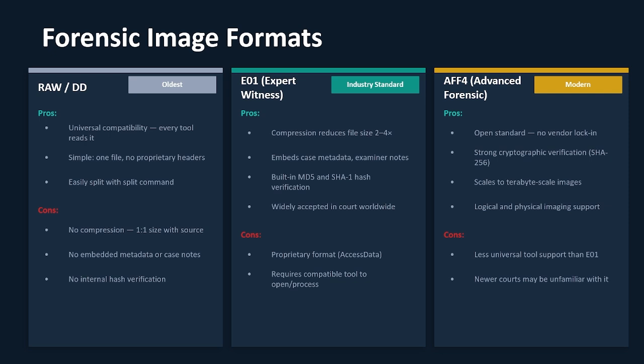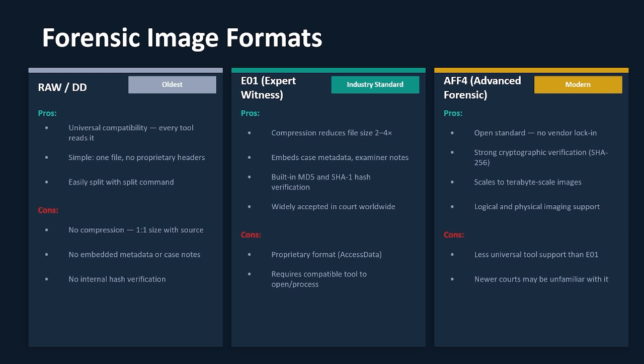There's a GitHub repo which has repositories on implementations in Python and other languages. And so it's not tied to a specific vendor. It uses SHA-256, which is much, much better than MD5 and SHA-1. And it can scale to terabyte images as opposed to much smaller images.